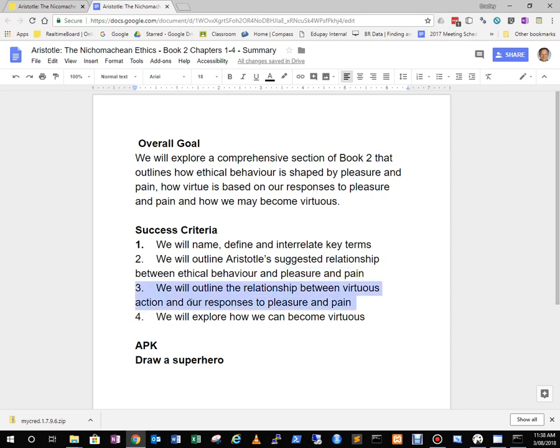The second thing is that virtuous behavior is, again, like I said up here, about our responses to pleasure and pain. And we should be teaching our children to respond appropriately, because sometimes what is the good thing to do, which will make us eudaimonically happy, because being eudaimonically happy is about achieving the chief good, and achieving the chief good is all about achieving our good, and our good is about reasoning well, and reasoning well is a unique human function, and the application of reason to life is virtuous, or a pursuit of excellence.